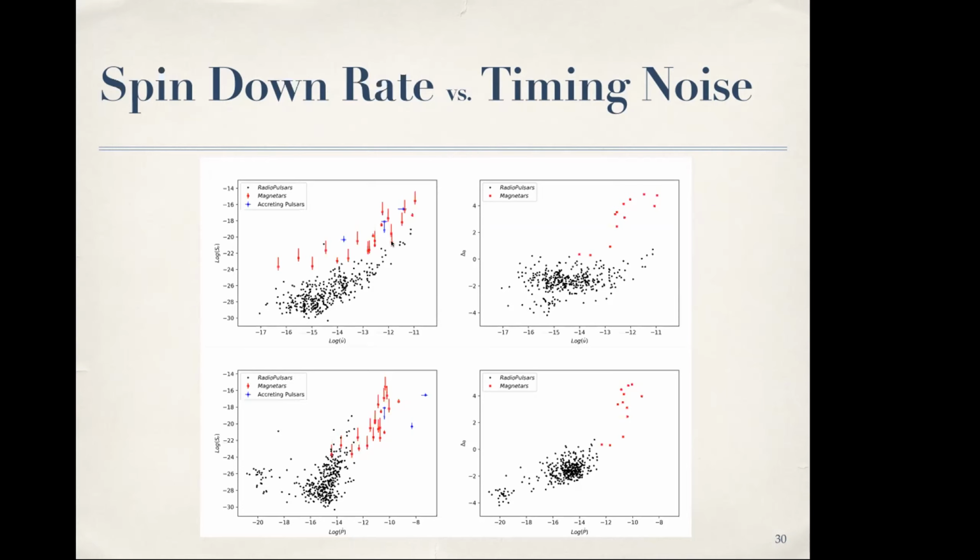As can be seen from here, the timing noise strength of magnetars seems to have a correlated behavior in the graph of mu dot versus timing noise strength. In the case of mu dot versus timing noise for both RMS and delta 8 method, the level of timing noise of magnetars is relatively higher than that of the radio pulsars.